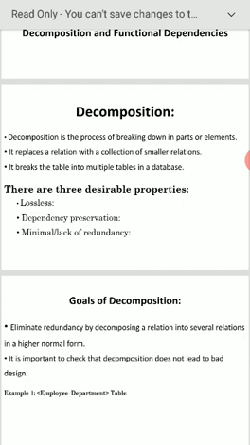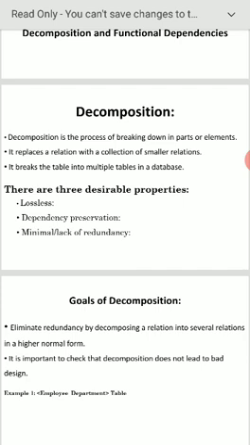Third one, minimal or lack of redundancy. You know that redundancy means what? Duplication of data. The proper decomposition should not suffer from any data redundancy. They should not be duplicated. Suppose, already I explained table 1. There is table 1A, I decompose into table 1B, table 1C. There should not be redundancy, duplication of data.